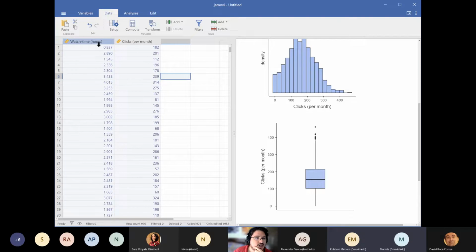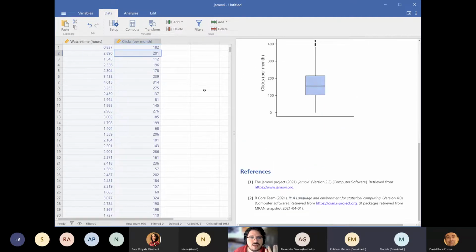Here we have watch time in hours and clicks per month, and I imagine you have an idea of what is going to happen if we try to investigate how these data are related. A reasonable working hypothesis is that the larger the watch time, the larger the amount of clicks that I will have on my website per month.